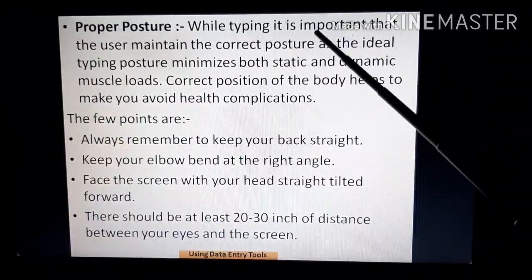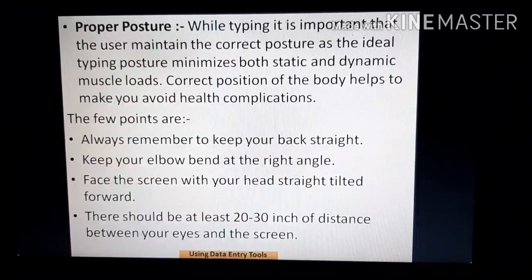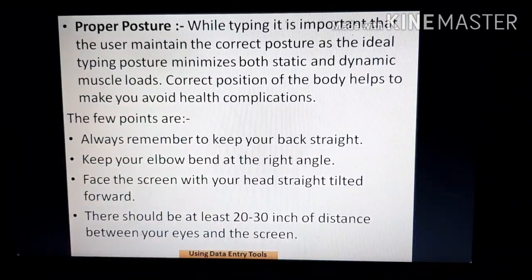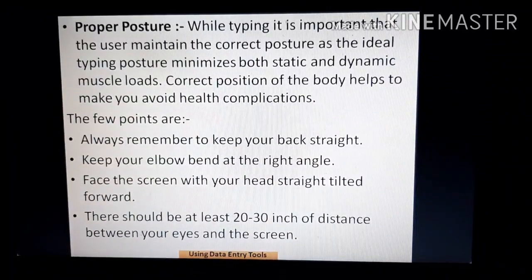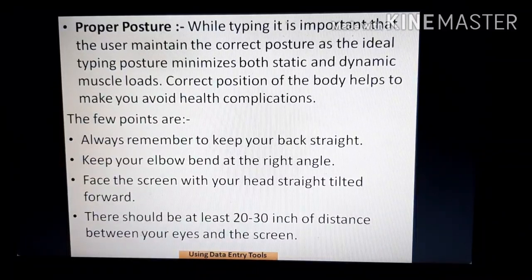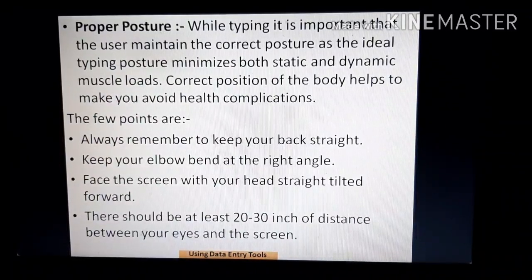So what this proper posture is trying to tell is that while typing anything on the system with the help of a keyboard, when we are working on a desktop or on a laptop, we have to always remember to keep our back straight, and to keep our elbow at a right angle so that we can type easily and in a very fast manner.